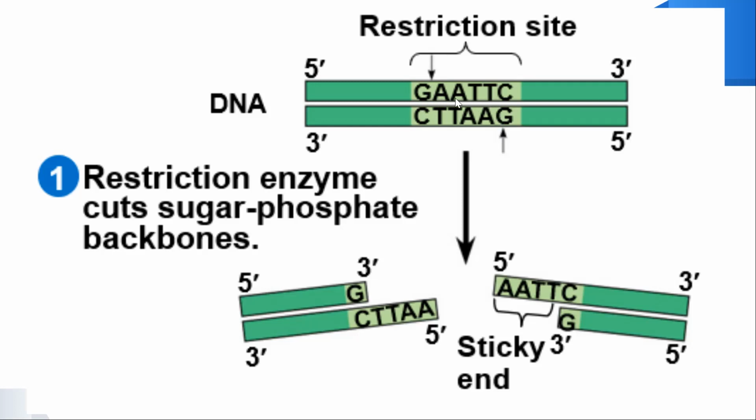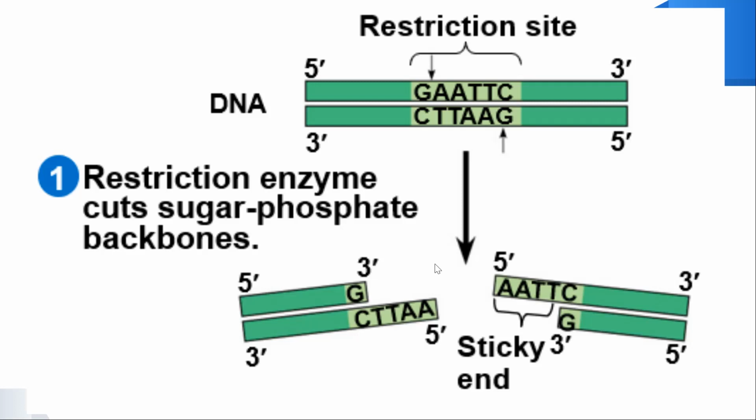Then these hydrogen bonds will break because they're not very strong. And so once this covalent bond has been broken in the backbone, and this covalent bond has been broken in the backbone, the hydrogen bonds break, and the two pieces of DNA separate. The bases that are hanging over the edge here could stick back together with the complementary bases that are hanging over here.